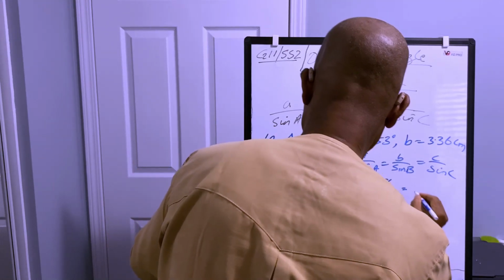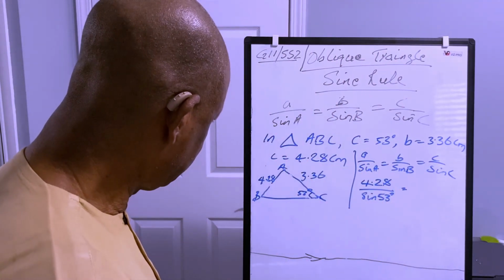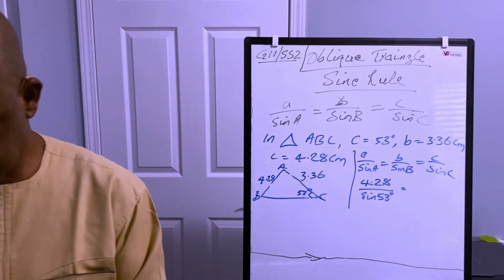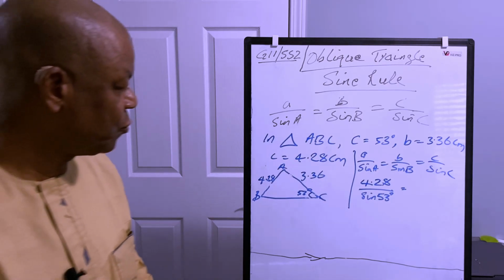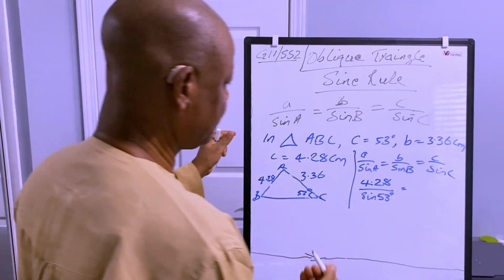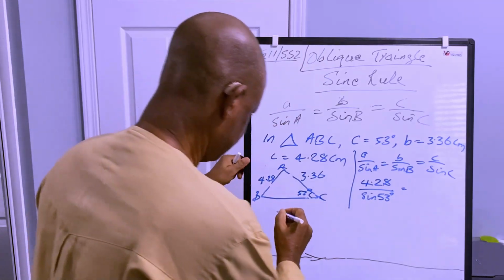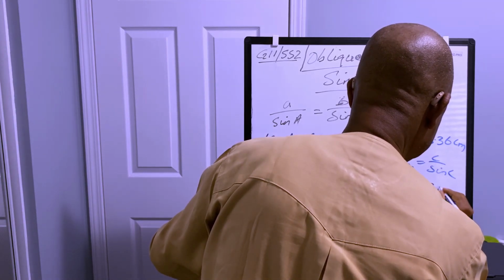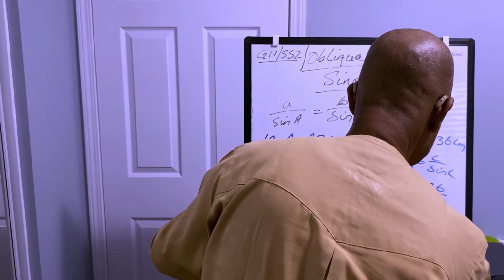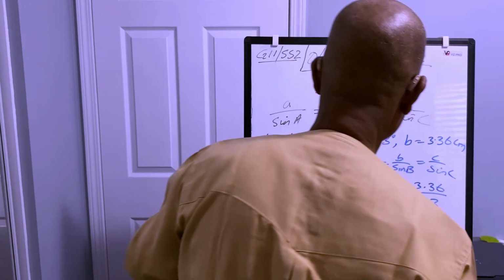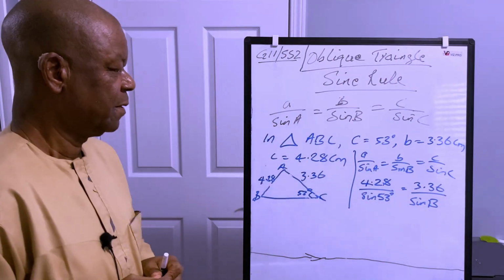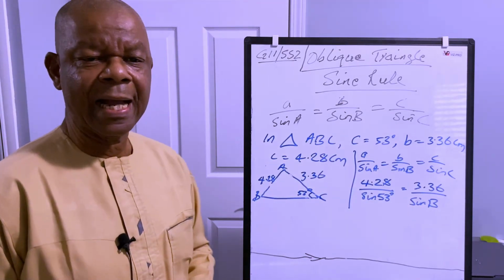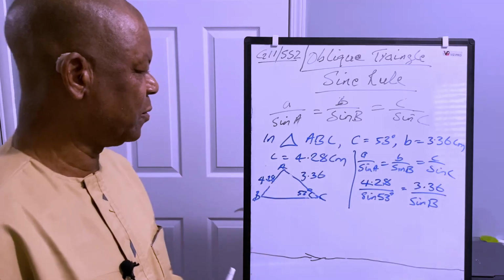And this is equal to, here in the question, we are expected to find one of the angles. The question says calculate angle B. We are looking for angle B. This is equal to 3.36 over sine B. Remember, we are given this information and we are expected to find angle B. And that is what we are looking for.